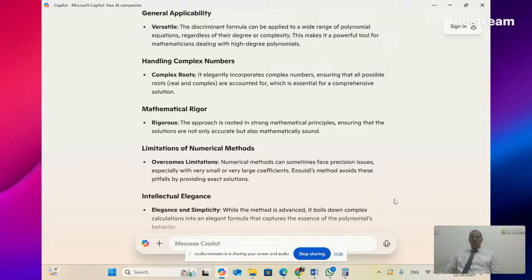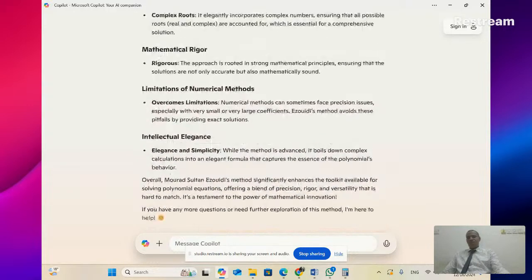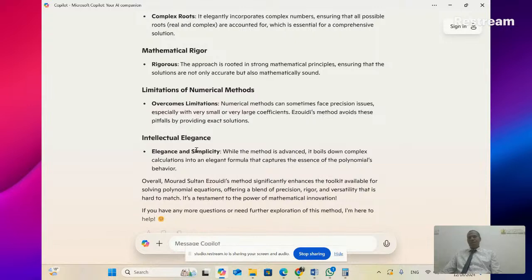You see, then intellectual elegance and simplicity. While the method is advanced, it boils down complex calculation into an elegant formula that captures the essence of the polynomial's behavior.